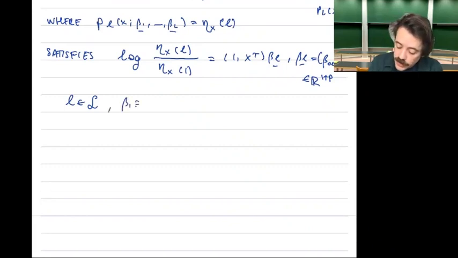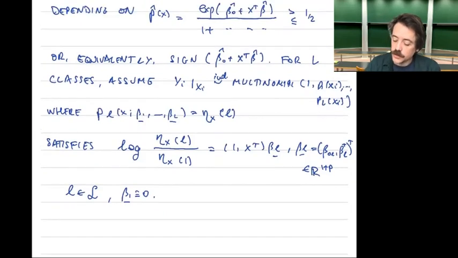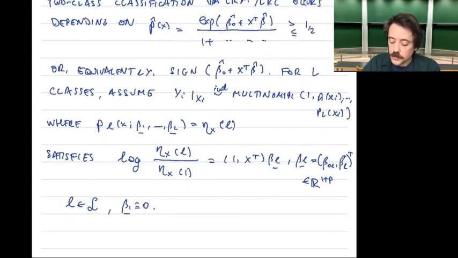And we're going to take, by convention, the whole parameter of the first class to be exactly 0. Okay, and if we do that, we recover the above, for the two class classification.